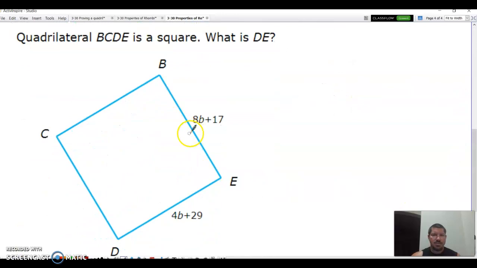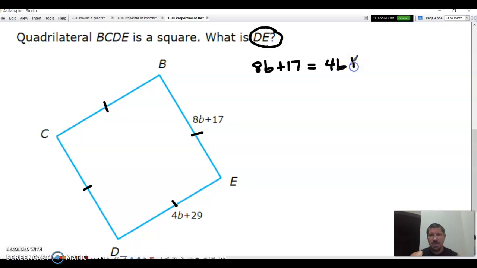Alright, last problem. So again, 4 congruent sides. But this time it wants us to find DE, so it wants us to actually find the side. So we got to go one step further. So 8B plus 17 is equal to 4B plus 29.